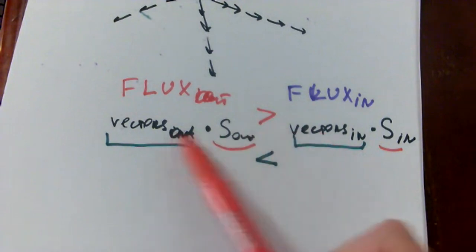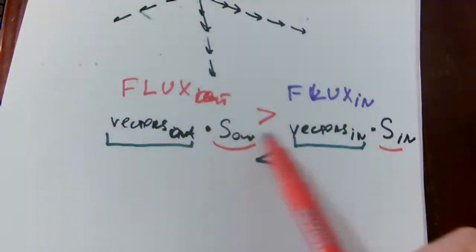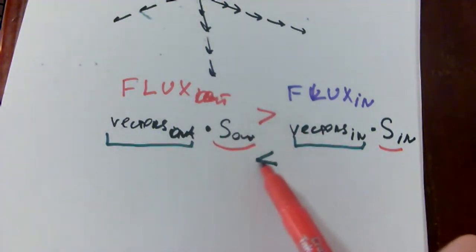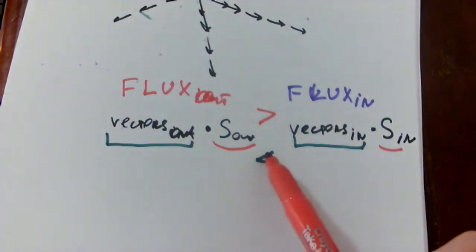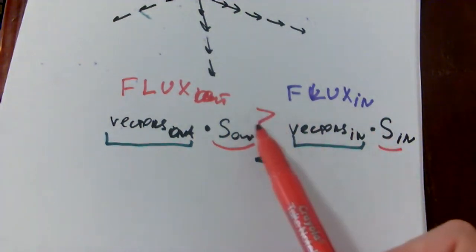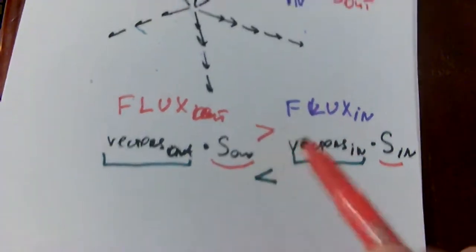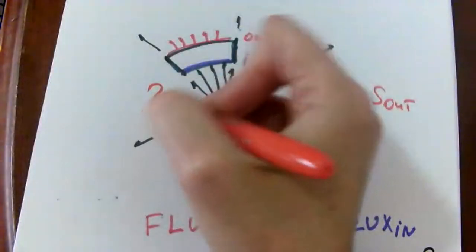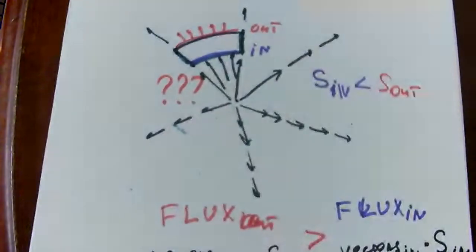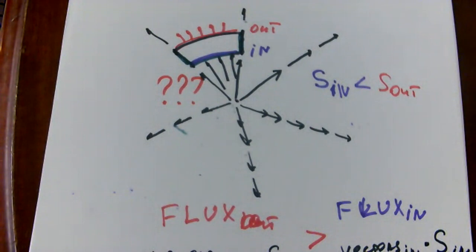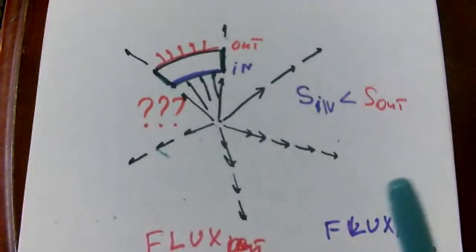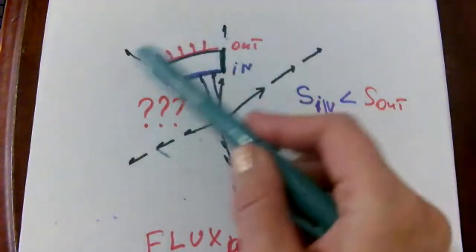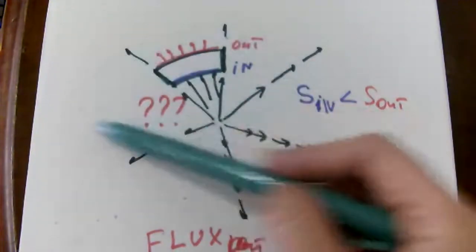Will it be the vectors who win and make the inequality go in this direction, or maybe it's the areas which will win? In this case, you can't answer this question. You should put the question mark here. So as you can see, this task is pretty difficult. Sometimes the case couldn't be straightforward, and it's quite acceptable that you can't resolve some of the situations.